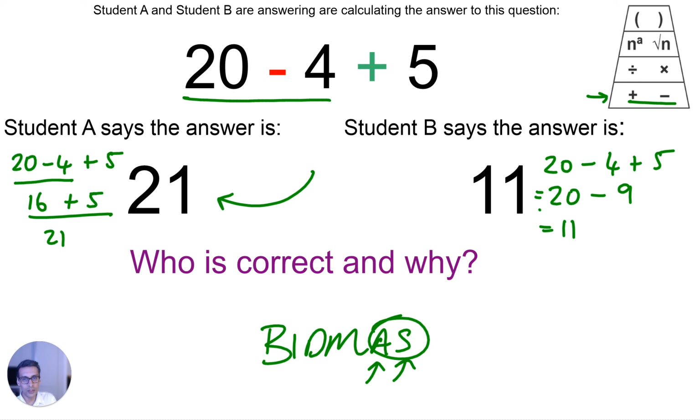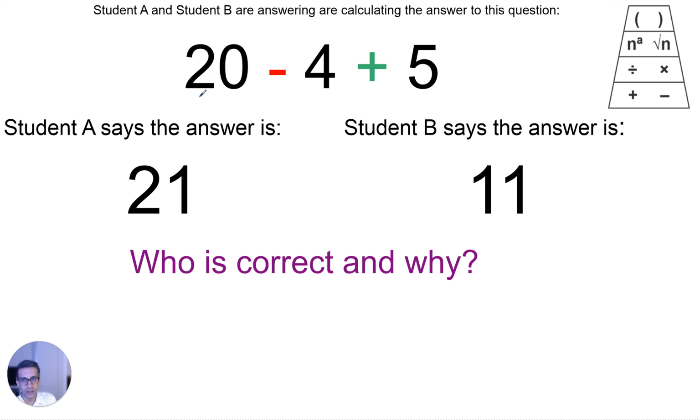We can see 20 minus 4, the subtraction comes first in the question, so we're going to say 20 minus 4, and then we're going to add 5. They're equally important. You just go from left to right as if you're normally reading the question. Subtraction and addition are equally important. Whatever comes first when you're going from left to right, that's what you do.